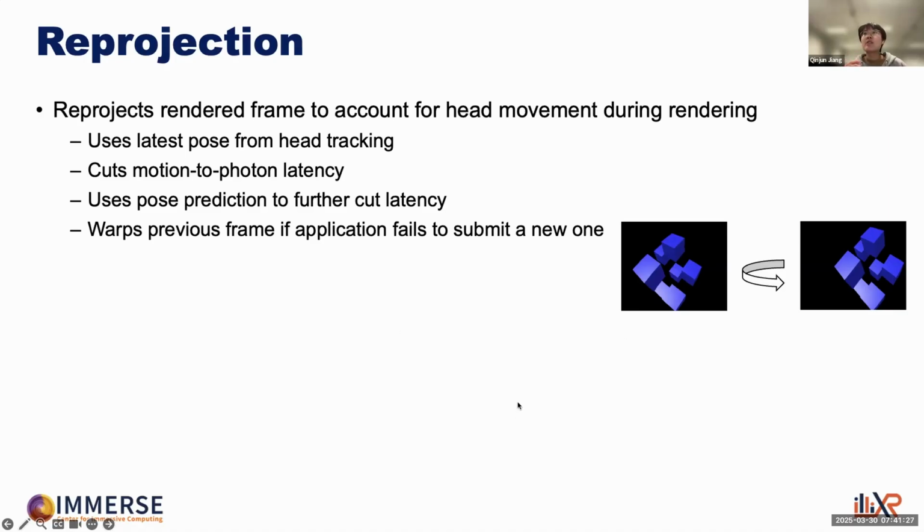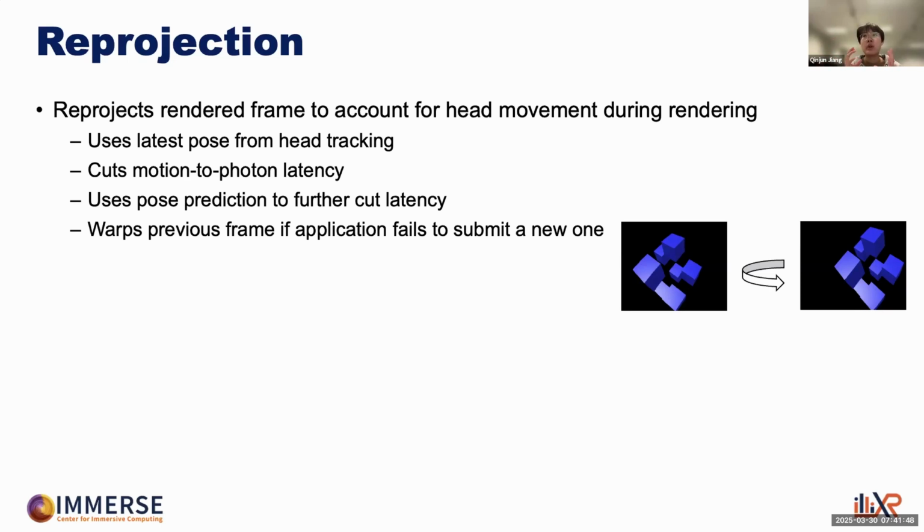Something that we can actually do better than that. Instead of projecting to whatever the user's current pose is, we can project to a future pose. That is because between the reprojection time and the actual display time, there's also some latency, right?